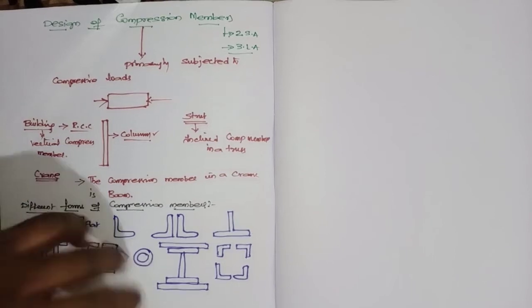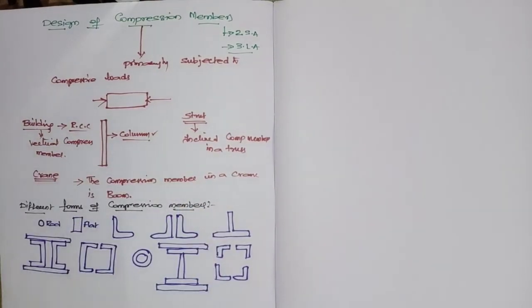After making those modifications, we call these built up sections. When readily available sections in the market are not suitable to take the load, because the load is in excess of their resistance, you have to make some alterations. Those are called what?